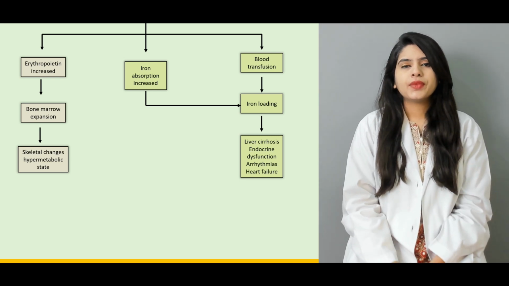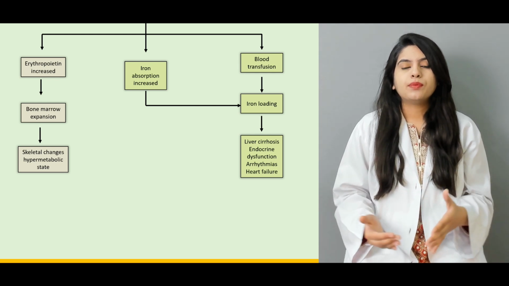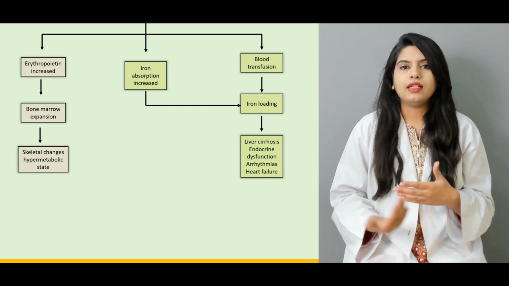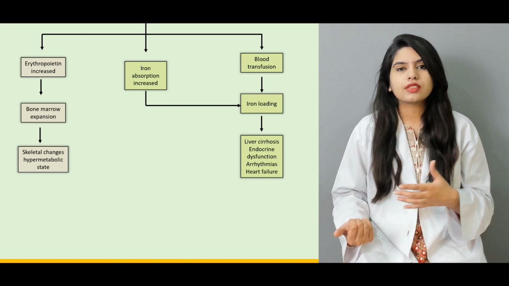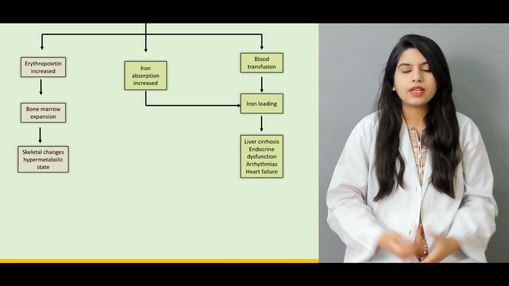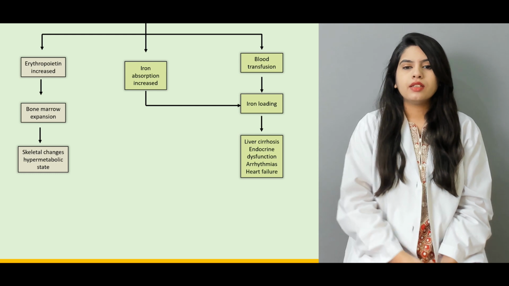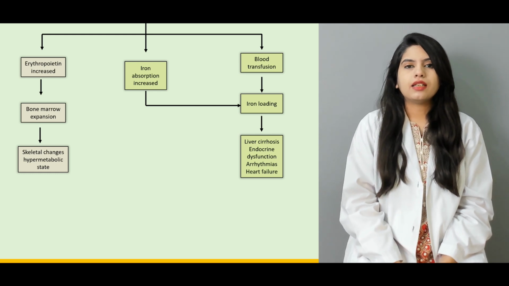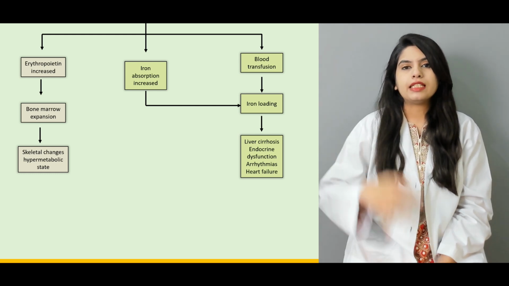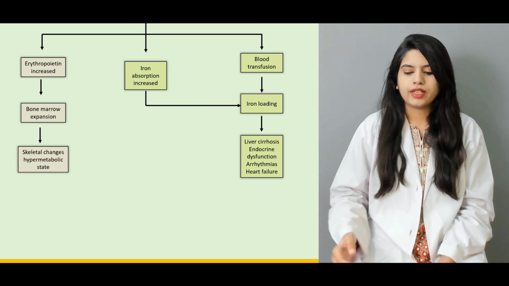That's why it will cause different symptoms in the body related to the liver, the heart, the pulmonary symptoms, as there will be decreased oxygen transport as well, and symptoms related to endocrine dysfunction. So basically, this is how beta thalassemia is going to affect our body.